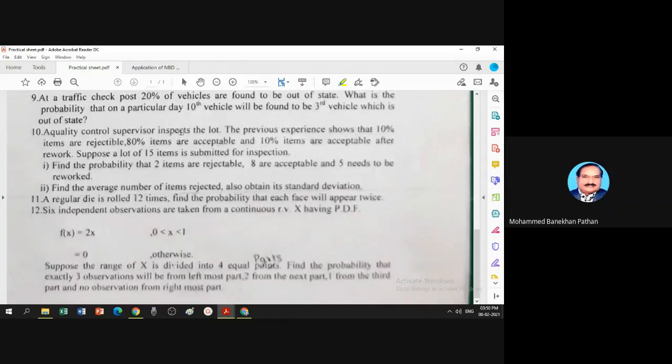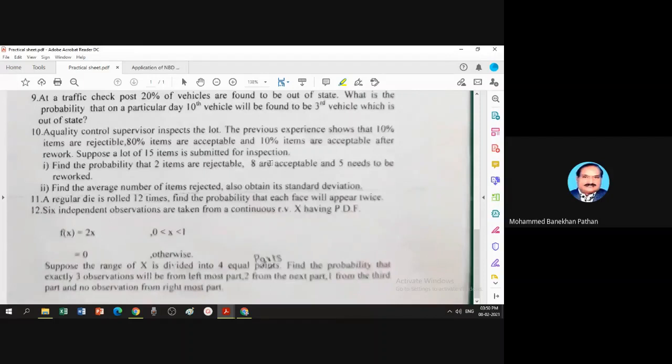Suppose a lot of 15 items is submitted for inspection. The question asks, find the probability that 2 items are rejectable, 8 are acceptable, and 5 need to be reworked.